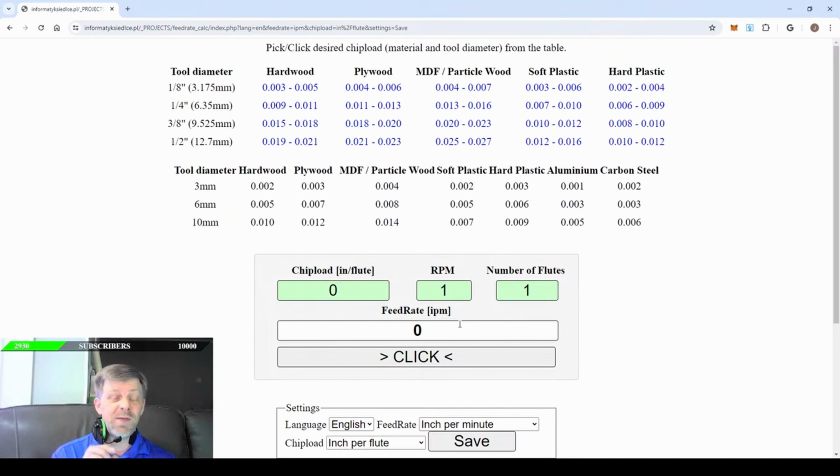When 80% of the heat is being carried away by the chip in the perfect situation, great. When it's not being carried away, that heat remains in the material and it remains in the bit and collet. So when you have excessive heat remaining in your project or in your wood, as you start cutting a project from one side of the material over to the other side, usually with a raster tool path, you're removing material across the side, and as this heat is being generated, it's going to penetrate the wood, and then as the wood cools, it will start to cause bowing and flexing.